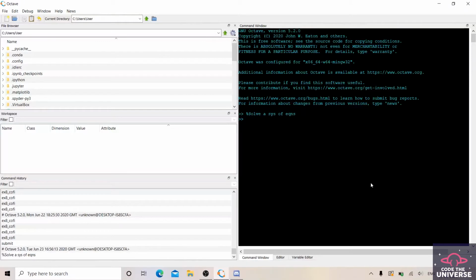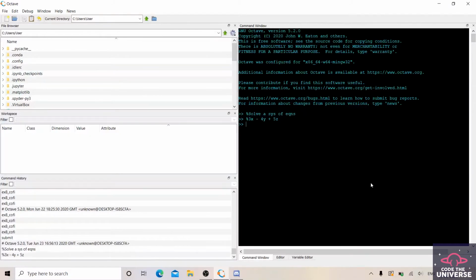So how does this work? Let's take a system of three linear equations so I can illustrate this better. I'll take some examples. So 3x minus 4y plus 5z. Let's make that a comment so that it doesn't run and create some mess over here.